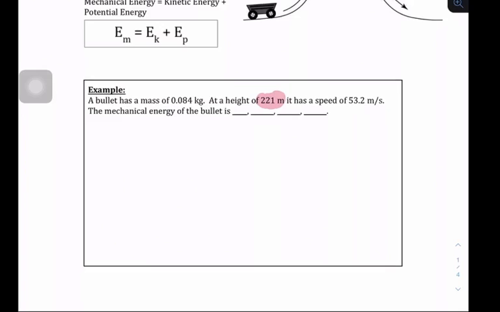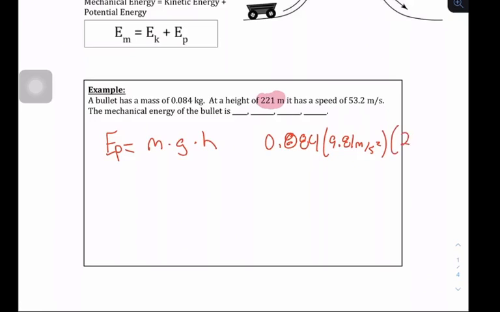So the potential energy formula: mass times gravity times height. Well, my mass is 0.084. Gravity is 9.81 meters per second squared. I'm running out of space here, 221 meters.